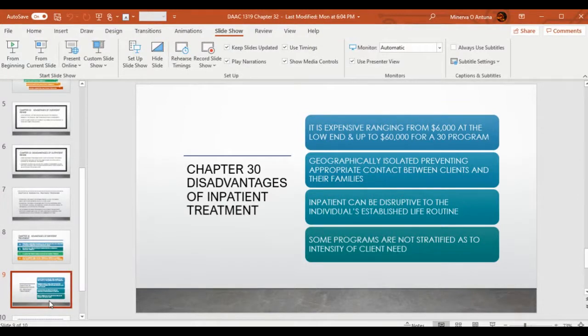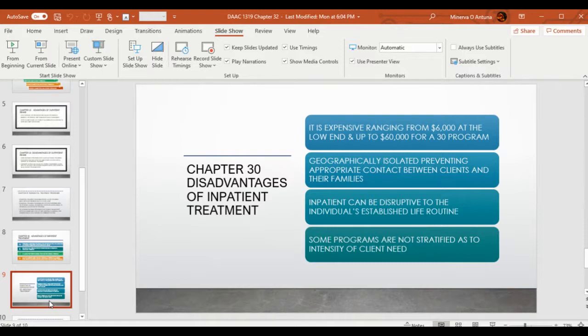So geographically, it means that if you're in some treatment program, it may isolate you and prevent contact between you and your family. So say, for instance, if you live in Texas and you're going to someplace in Florida, California, or wherever, and your family is not located close by and does not have the resources to visit you often, then it does hamper the component of family that is so necessary for people to be reintegrated into their family.